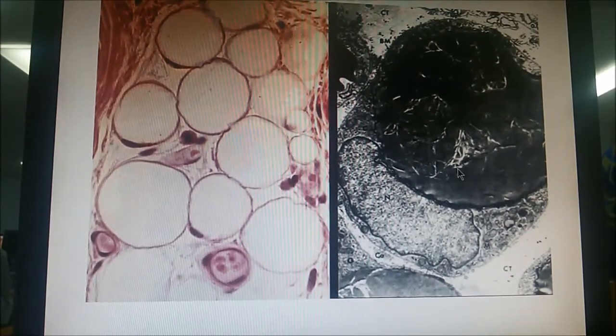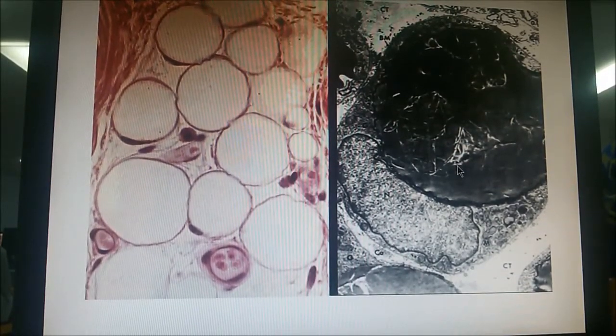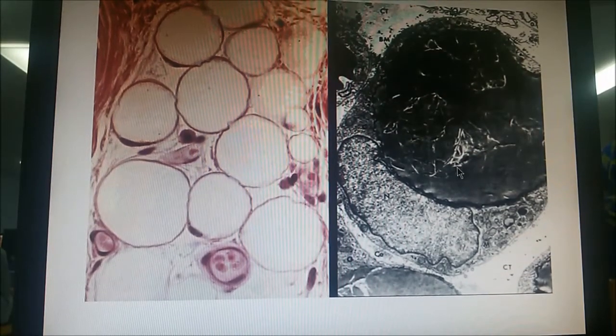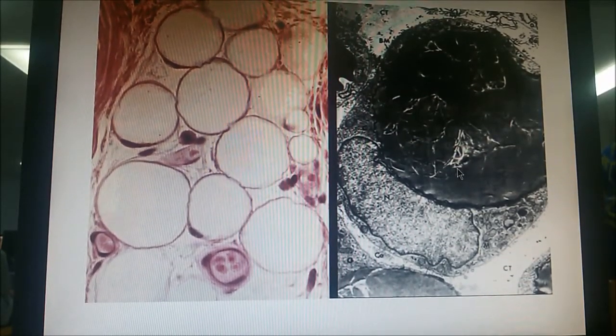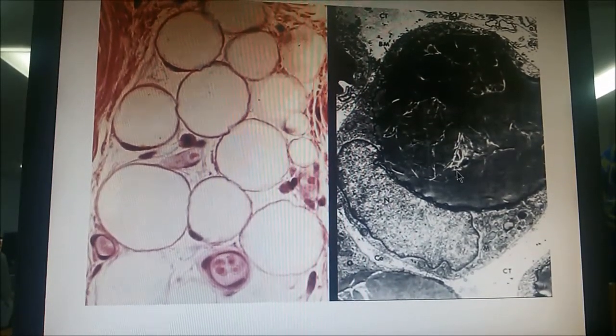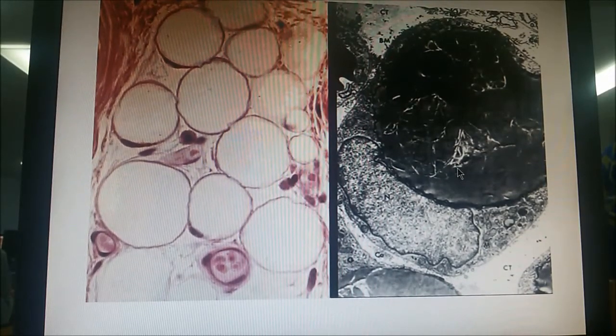Unilocular adipose tissue means that each adipocyte in the white adipose contains one large lipid droplet. On the other hand, the brown adipose tissue we call multilocular, which means multiple locules, multiple droplets. Each adipocyte contains multiple lipid droplets in this case.